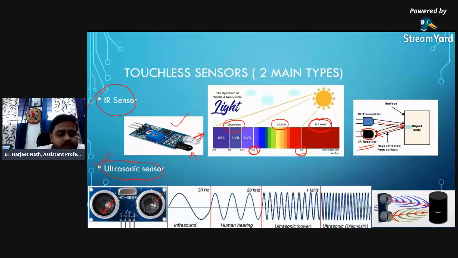Now, this ultrasonic sensor, as I have said, also uses a kind of sound which is not audible to the human ear because of certain limitations. We all know that our human hearing range is between 20 hertz and 20 kilohertz, but this ultrasonic range is above 20 kilohertz, in and around the 1 megahertz range, and that's why it is not audible to our ears.